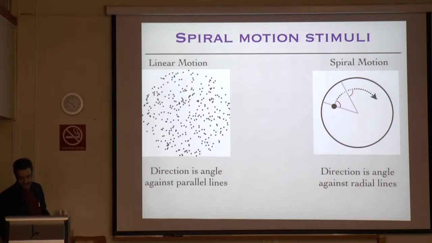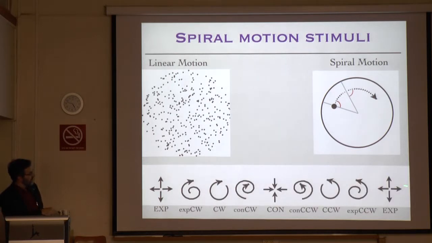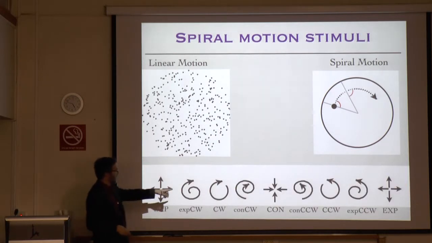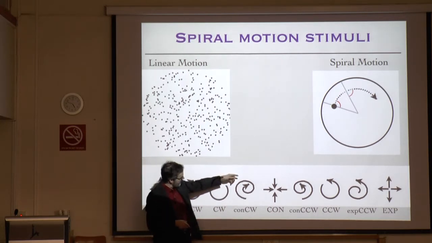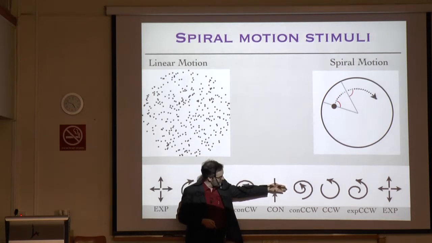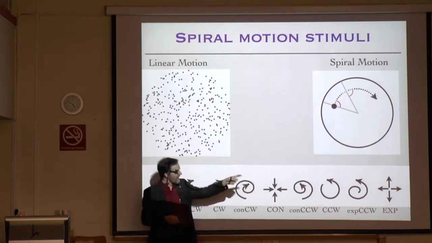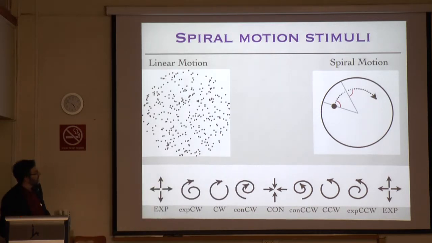It's a less intuitive space, so I'll show you what these stimuli look like. This would be the continuum of directions. You're starting out, let's say here, with clockwise motion, then you're changing that angle and it becomes a contracting clockwise, completely contraction, then contraction counterclockwise, and so on, and the space wraps around. If you've never seen these stimuli before, I'll show you one here on the right.